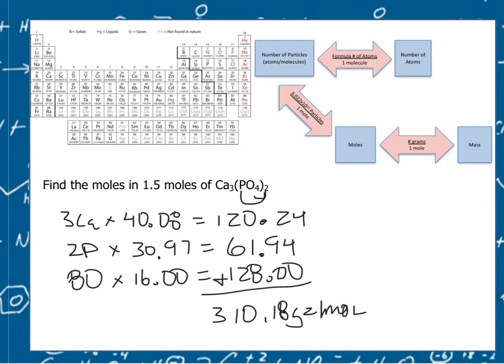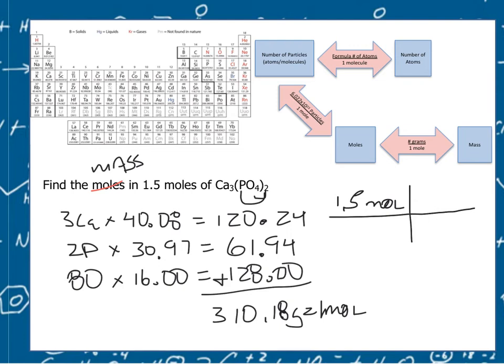Problem gave me 1.5 moles. Whoops, typo on this. This should say mass. Sorry, find the mass in 1.5 moles. So I'm going from moles to mass. So I'm going to start with my given 1.5 moles.